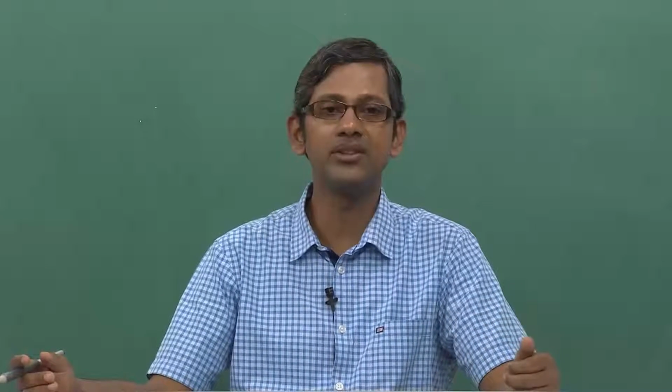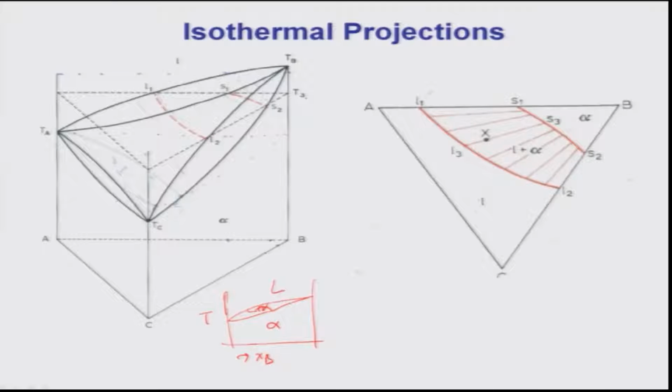If I take an isothermal section at temperature T3, it will look like this. Basically, I take a plane parallel to the horizontal Gibbs triangle at the bottom, and cut the three dimensional model using that triangle.